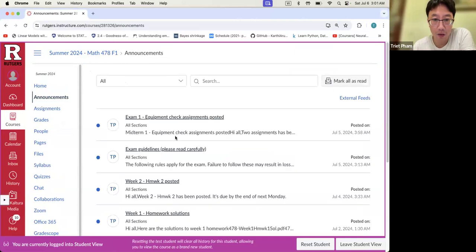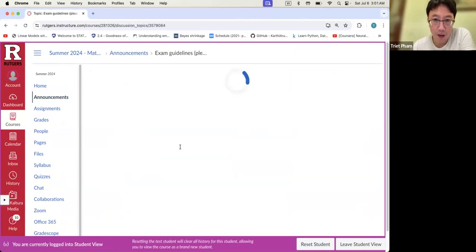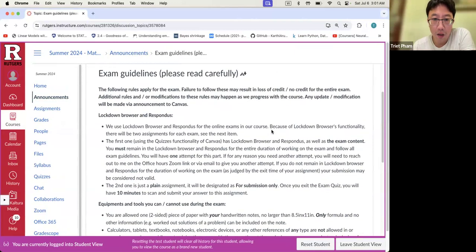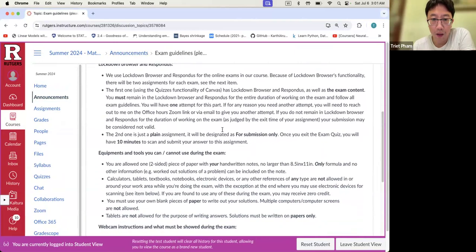In terms of specific things to pay attention to, let's see here. The one thing, you can bring the notes, right? But do not write down any worked out solutions.